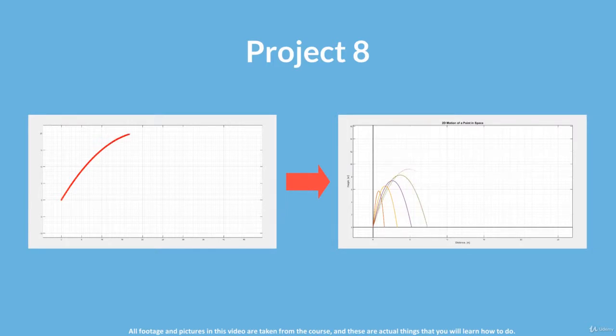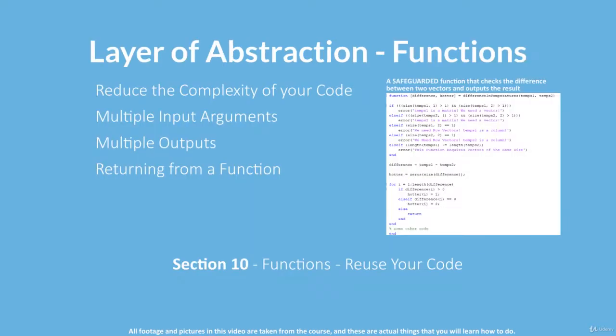Think about throwing a rock. The equations that we will use will model exactly that kind of motion. We will also animate the motion as different initial conditions, plot all of these different scenarios, then animate each of the scenarios. Additionally, in the section itself, we will have a mini project where we will make MATLAB play sounds of different frequencies, again with the help of loops.